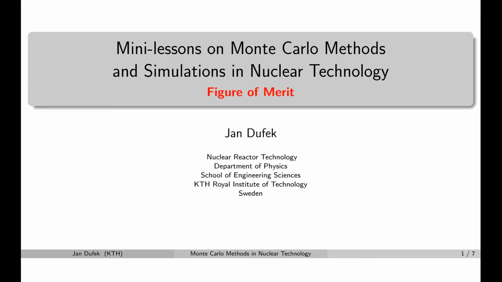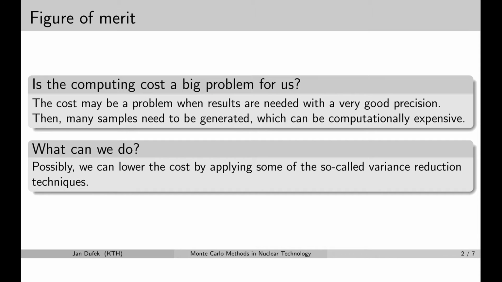Welcome back. In this mini lesson we will learn about the figure of merit, which is just a fancy name for computing efficiency. The major drawback of the Monte Carlo method is the computing cost, which is associated with the simulation in case we want to achieve a very good precision.